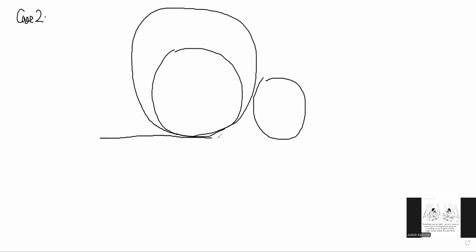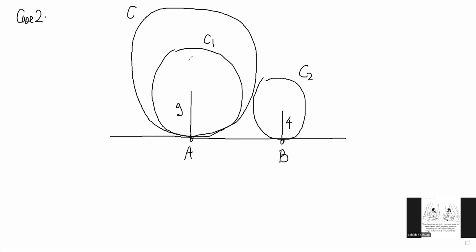So this is also one possibility. I will draw L1 again properly. So this is one possibility. This is circle C, this is C1, this is C2. This point is A, this point is B. I know the radius here is 9 and I know the radius here is 4.